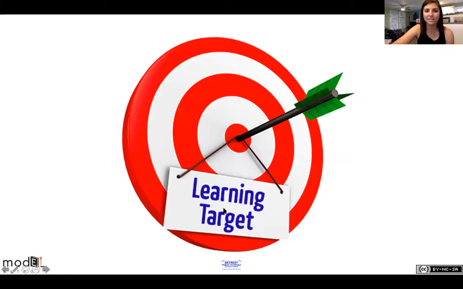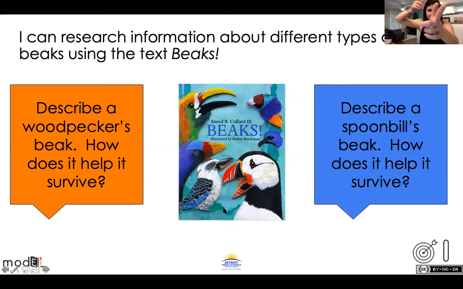All right, next learning target. I can research information about different types of bird beaks using the text Beaks. Awesome. So let's take a look at our orange box. Describe a woodpecker's beak.